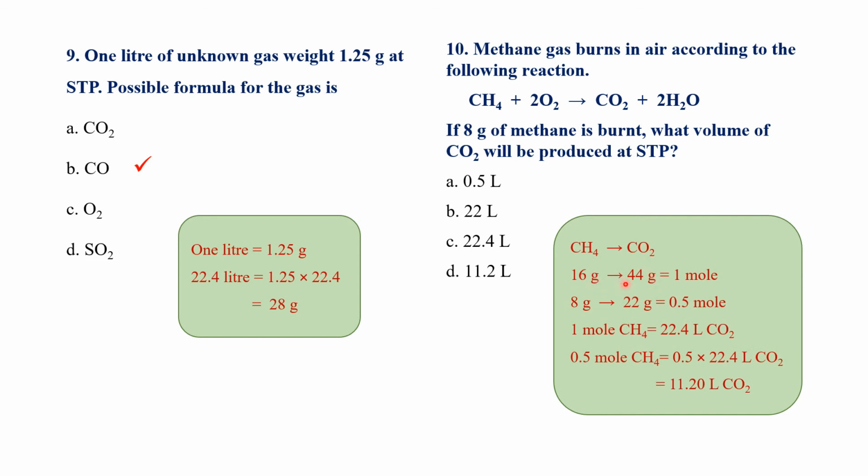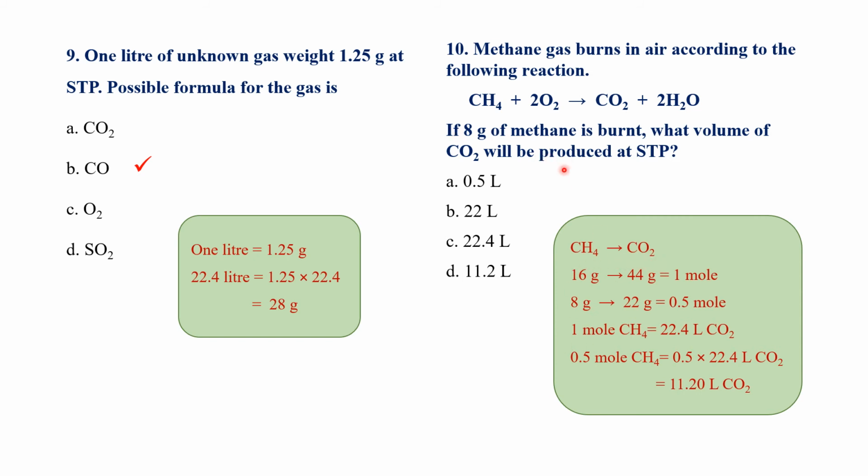So 44 will also be halved, it will become 22 gram. So 1 mole is also halved, it will become 0.5 mole. It means 8 gram is equal to 0.5 mole of methane, and it will produce 0.5 mole of carbon dioxide, because both these factors are half of the 1 mole.